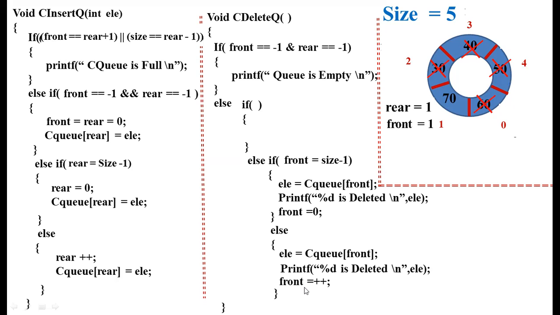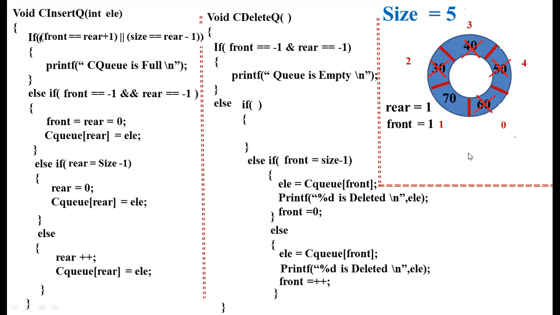Now suppose you want to delete this last element from the queue, that is, if the front value is equal to the rear value, then we collect CQ of front into the element.